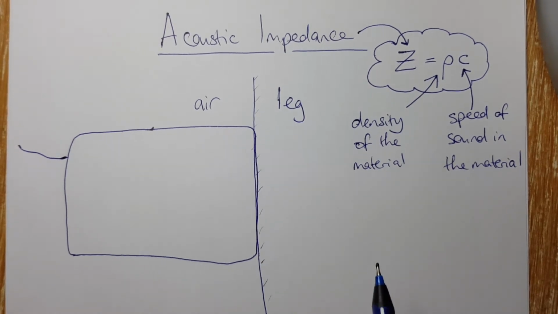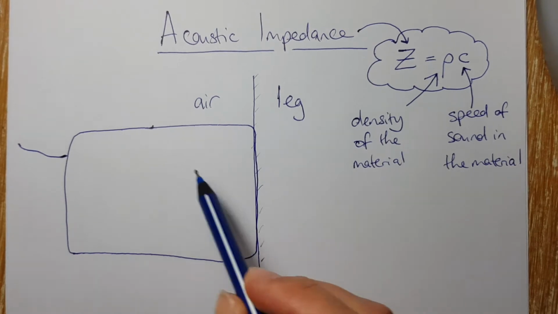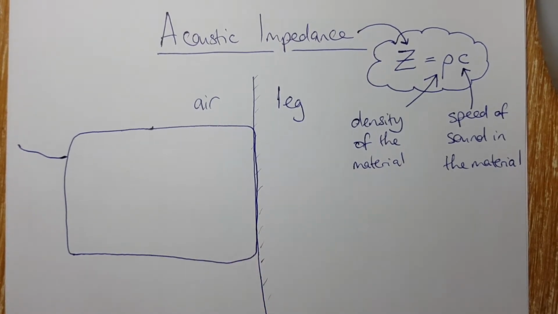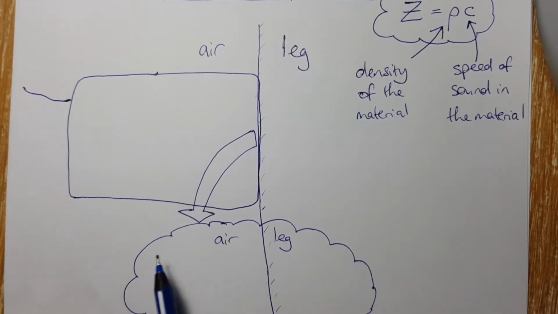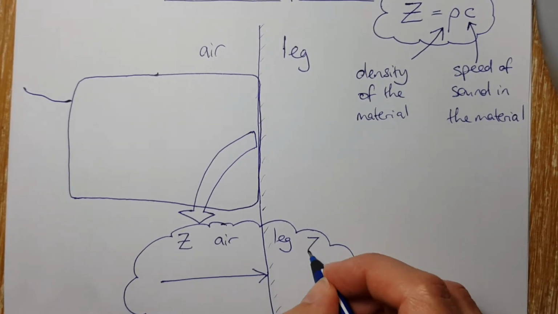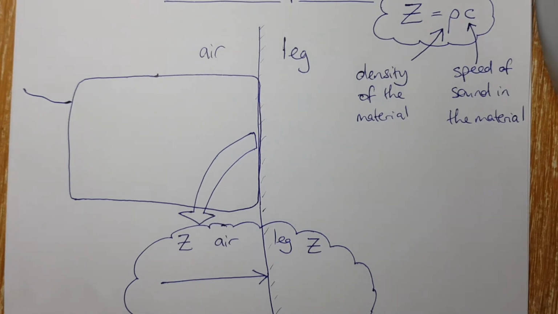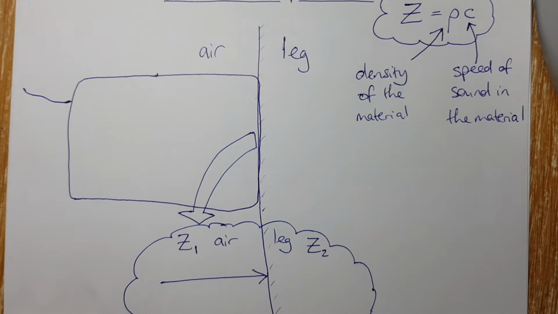To see why this is important, let's imagine that there's a little bit of air between the transducer and the person's leg. And I'm going to imagine I've just sort of zoomed in here. So this is air and this is the leg. Okay, so in comes the ultrasound wave, and the air has one impedance and the leg has a different impedance, and we just label these Z1 and Z2.